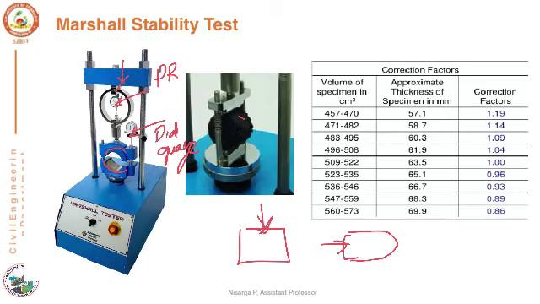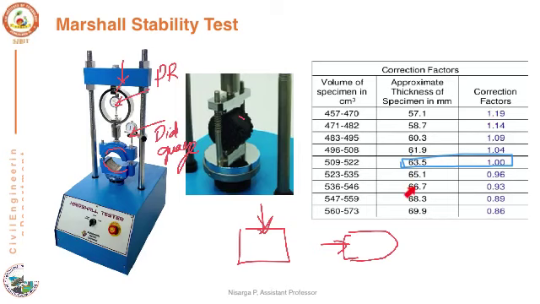When we apply the correction, this table gives you the correction factor. There is no correction if the compacted thickness is 63.5 mm. If the thickness is between these two values, 61.9, then the correction factor will be 1.4. Similarly, if the thickness we have obtained is 57, the correction factor will be 1.19.